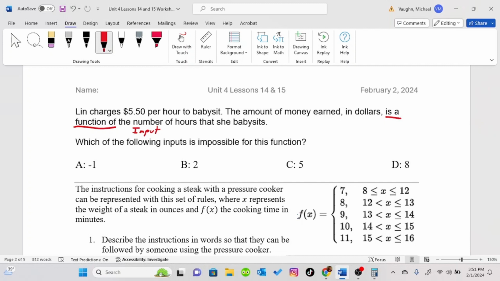Can you babysit 5 hours? Yes. Can you even babysit 8 hours? Yes. Is it possible to babysit -1 hours? No. A is the impossible choice for the input because it's talking about time spent babysitting, and you can't spend negative time babysitting.